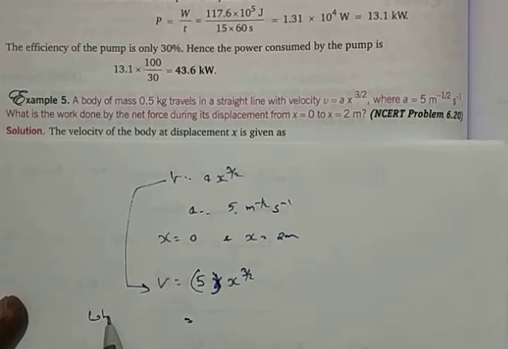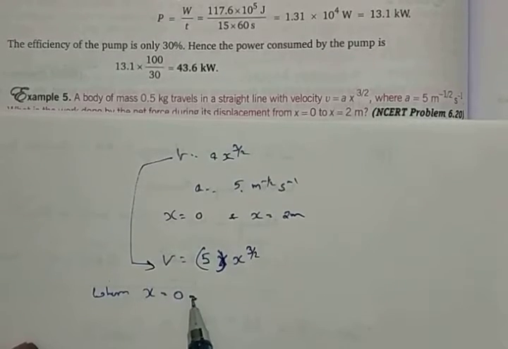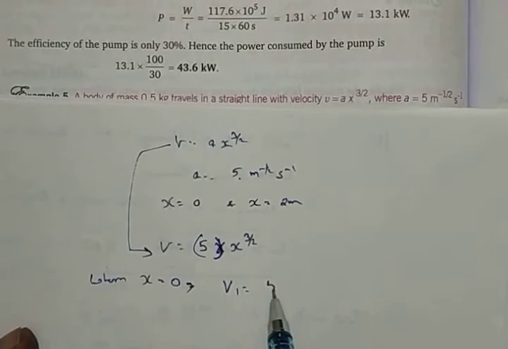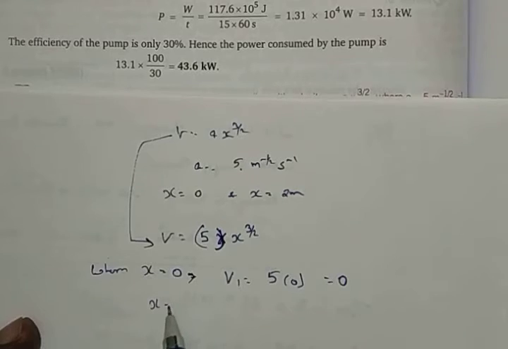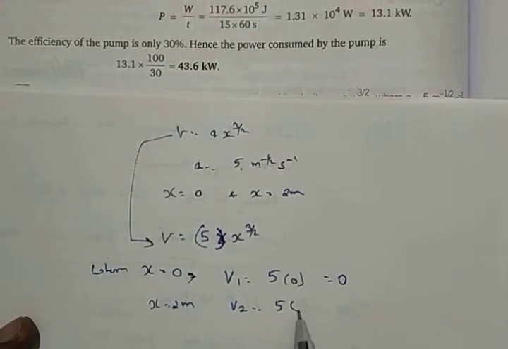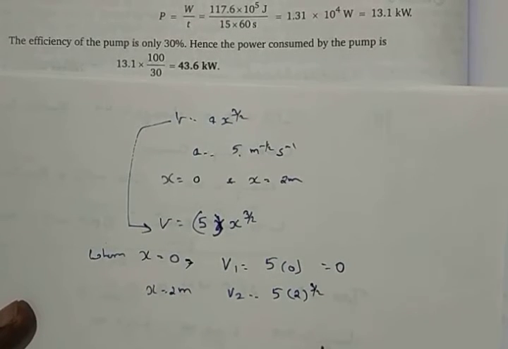When x is equal to 0, what will happen? V1 is equal to 5 into 0, which is 0. When x is equal to 2 meters, V2 is equal to 5 into 2 to the power of 3 by 2. And you will get an answer.